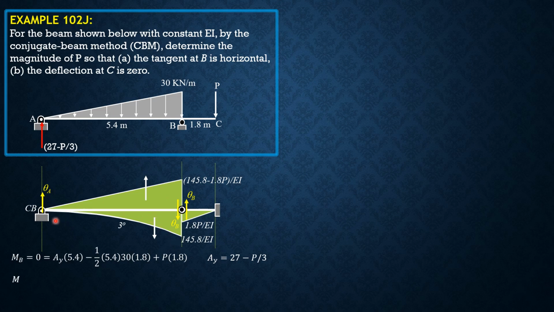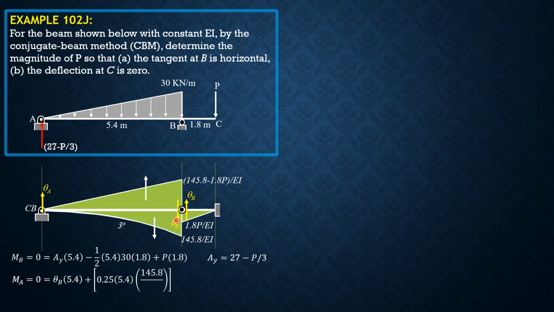Moment at A equals 0, clockwise positive, so theta B times 5.4 plus this area, which is 1/4 or 0.25 of 5.4 times 145.8 over EI.